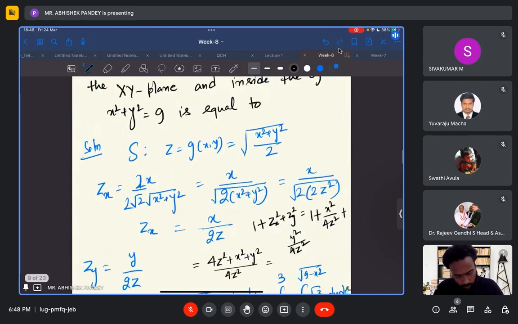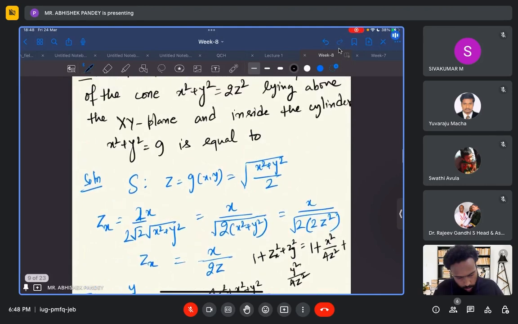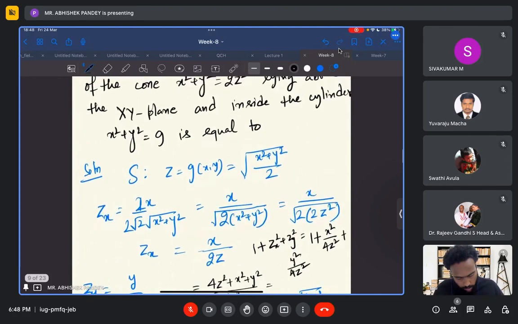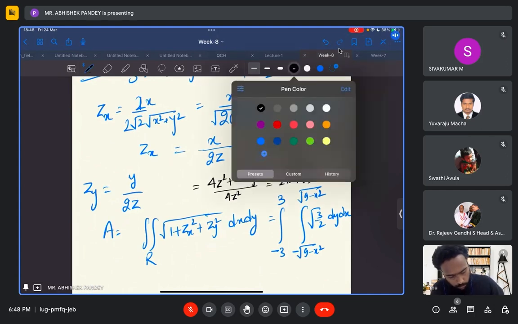So 2z square is equal to x square plus y square. Wait a minute, let me write it down precisely.